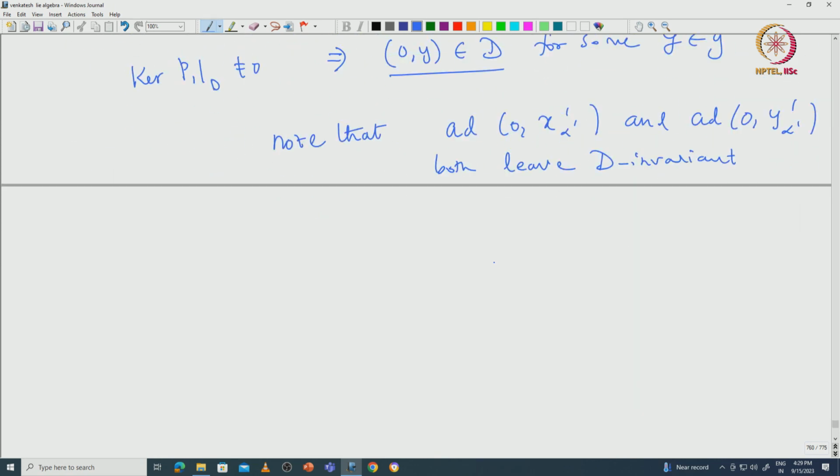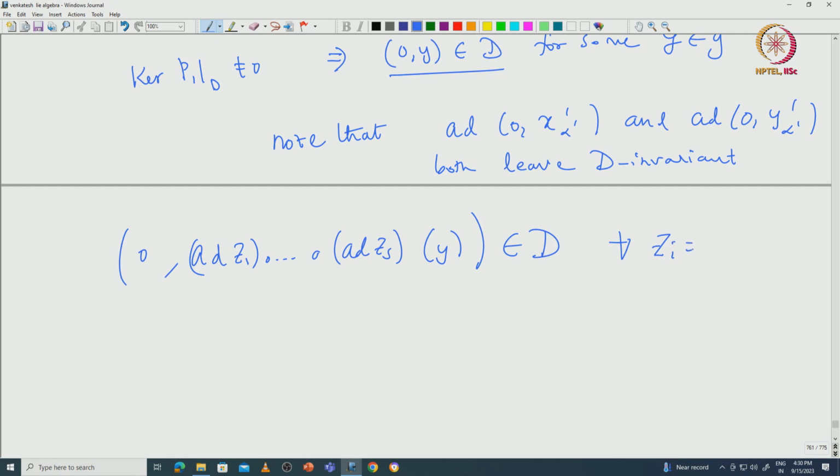So, that means if you take ad z1 and compose, etc., compose ad zs on this y and then take this coordinate, this must be inside D, for all these zi, where zi is either x alpha i dash or y alpha i dash, where alpha i dash comes from pi dash.